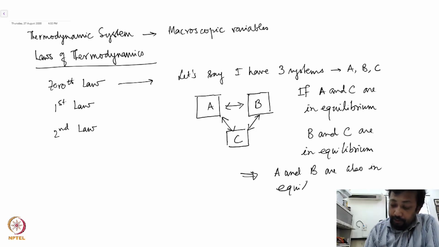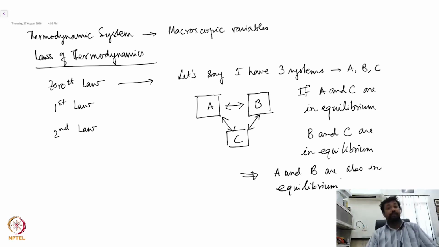When I say equilibrium, this essentially means that there is a joint equilibrium between these two. Later on we will clarify what we mean by an equilibrium. For a thermodynamic system, you understand that there are so many macroscopic variables. Equilibrium would necessarily mean that there is a mechanical equilibrium, a thermal equilibrium, as well as a chemical equilibrium.